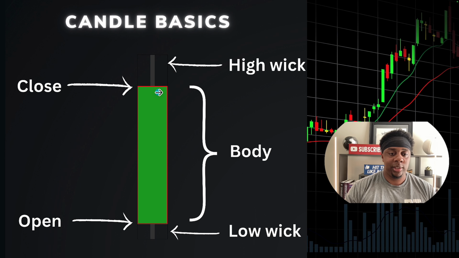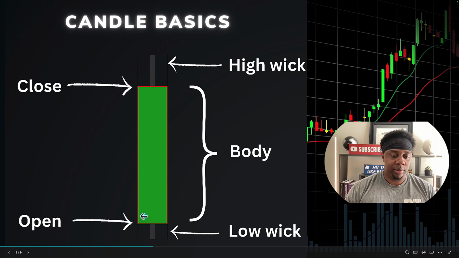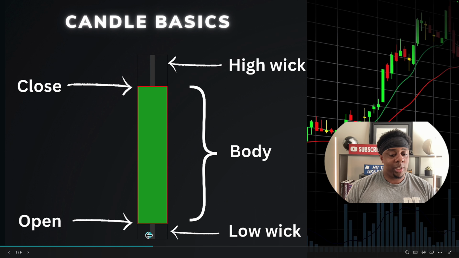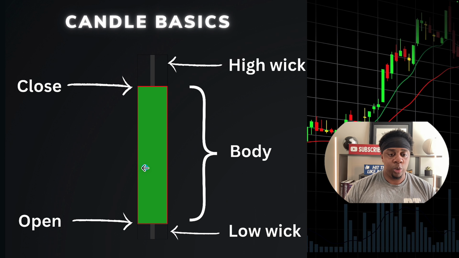The wicks tell us, especially with this being a green candle, that the candle opened here in this position, and over the course of however many minutes this candle was running for, it went to either this lowest point here and this high point here during that time frame. With this candle being green, that lets us know that it closed around this area, so it closed higher than where it opened. And all this shaded green area is called the body.